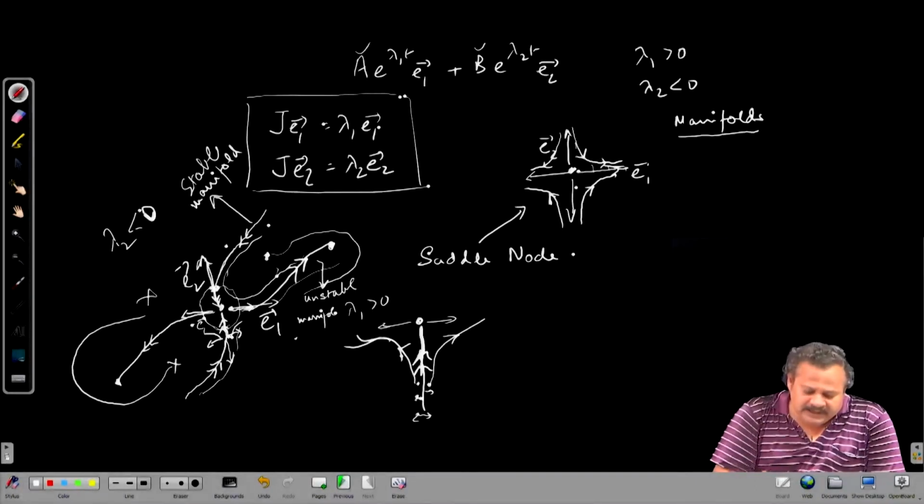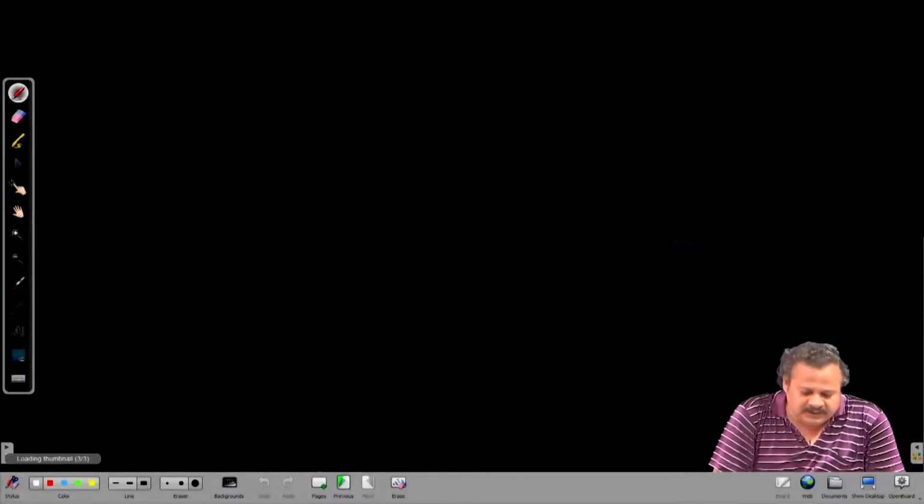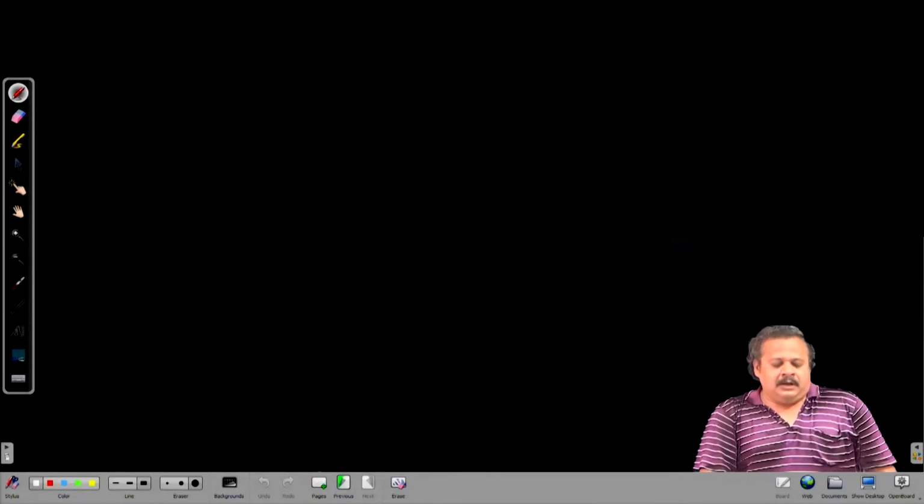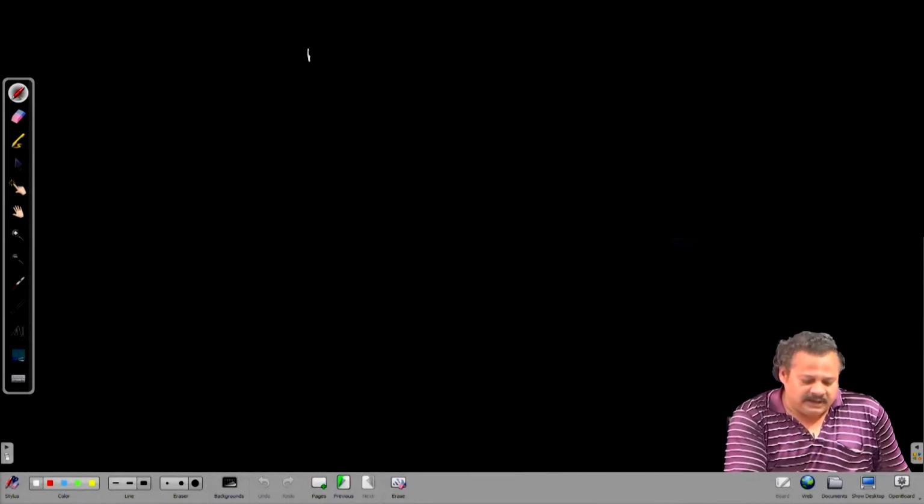So, extending this concept of the saddle node, let us consider the Morris-Lecar equations.